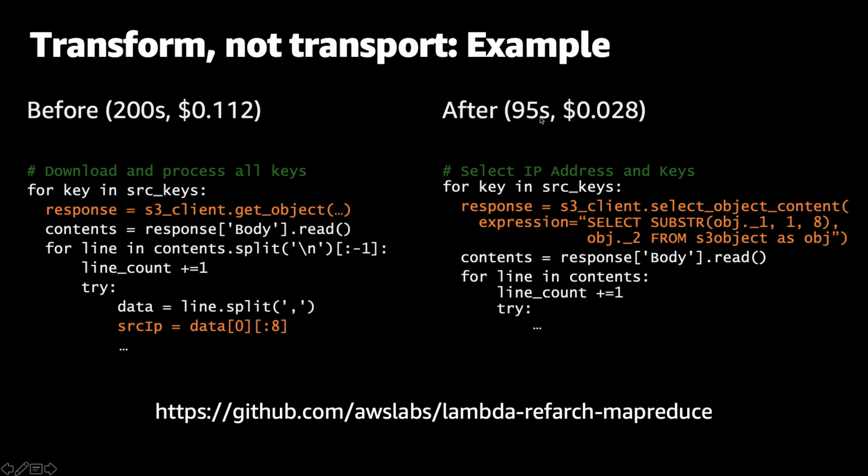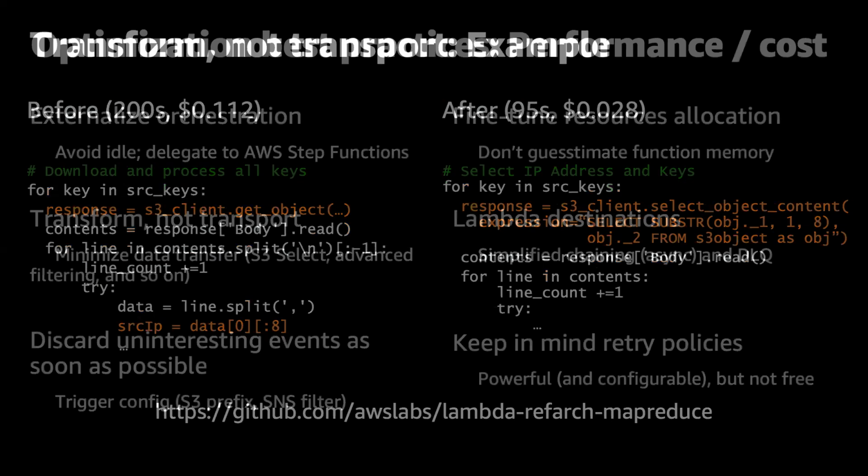Maybe you have a similar workflow running for 20 seconds, and it might go down to 8 or 9 seconds. That's the scale you get by using S3 Select. Of course, it depends on how large those files are that you are downloading. But I think it's a good example of transforming data with Lambda instead of transporting and downloading a lot of data into Lambda.